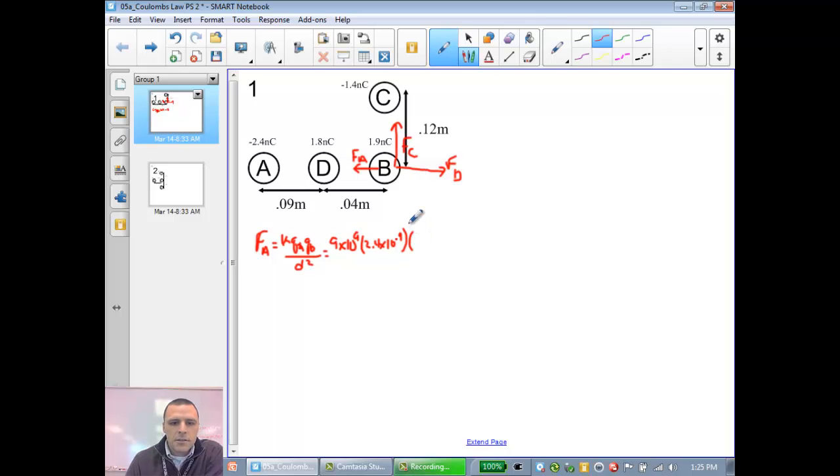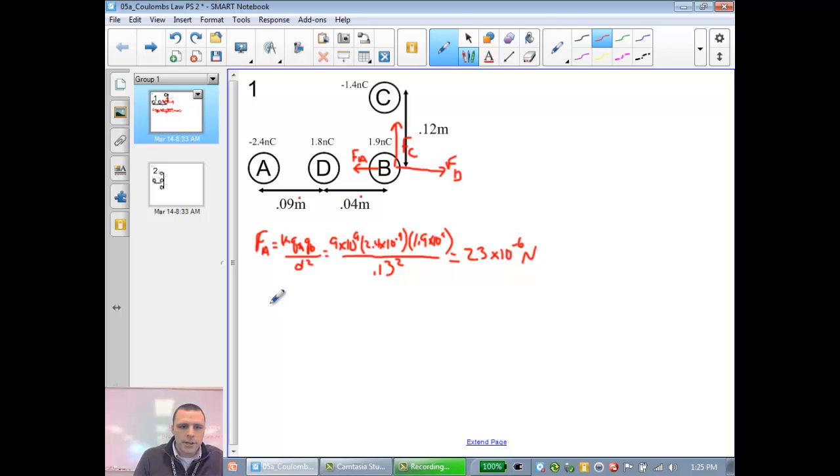And charge B is 1.9 times 10 to the negative 9, divided by, now the distance between them is actually 0.13 meters. We have to add these two distances together, and we're going to square that. And we end up getting a value for force A of 2.3 times 10 to the negative 6 newtons.